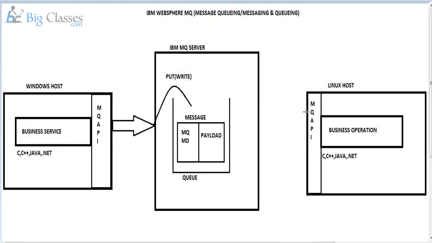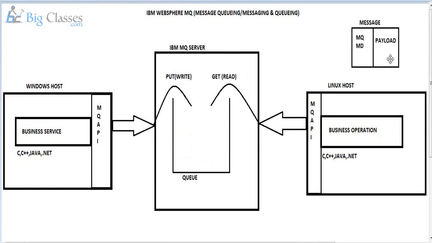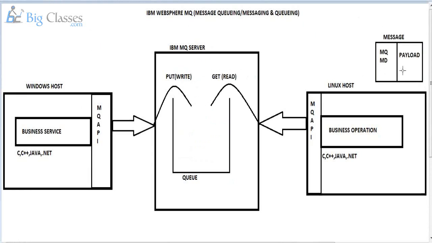If the other end application is available online, it connects to the IBM MQ server. It gets the message from the queue. Get is nothing but read. When an application gets a message from the queue, the message is no more there.